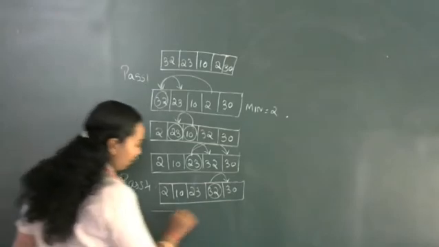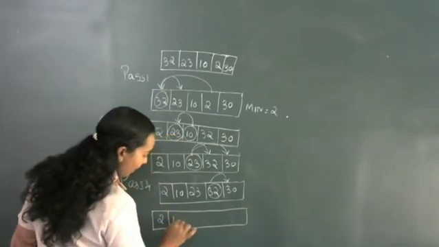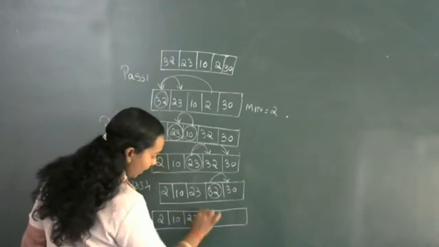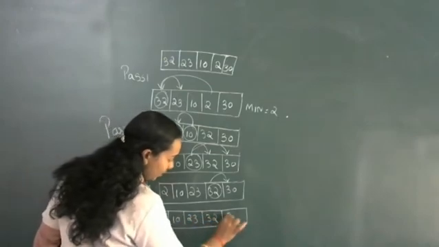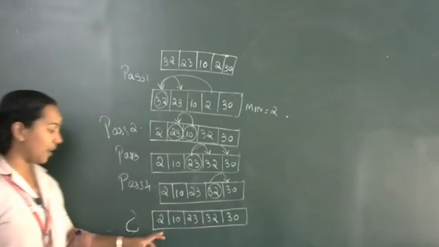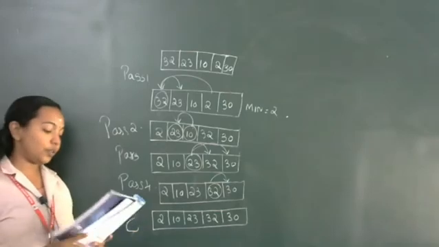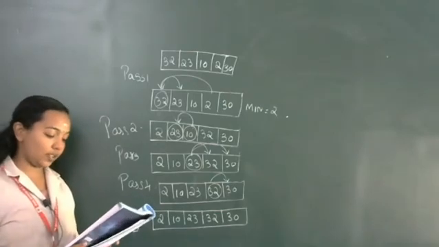So after the fourth pass we will get the final array in sorted order: 10, 23, 30 and 32. So this is known as selection sort.